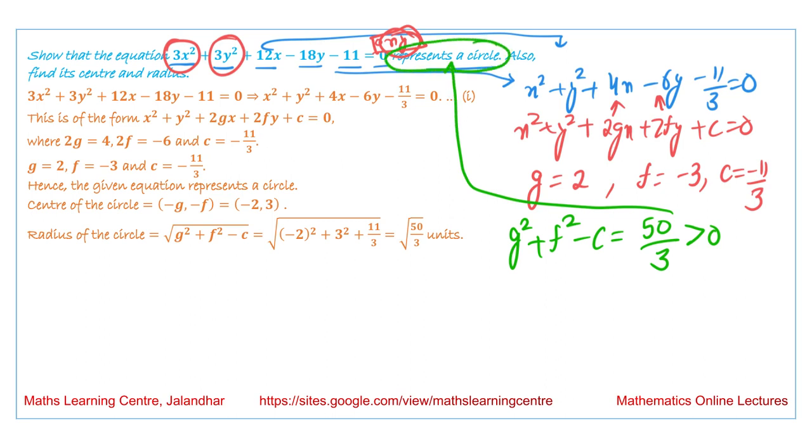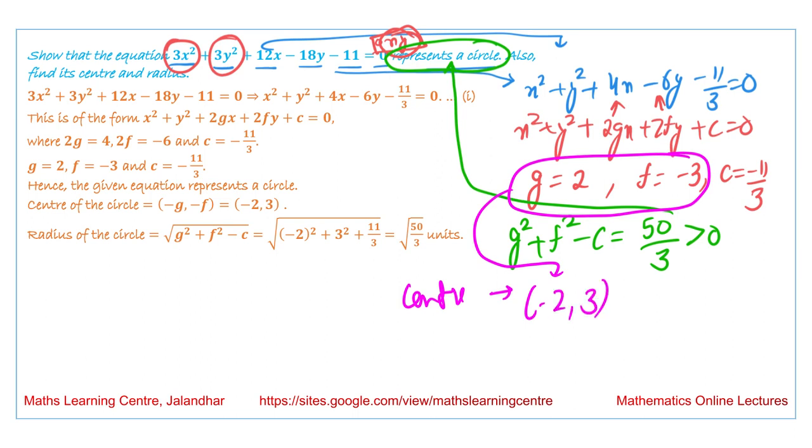Now we have to calculate the center. The values of g and f are known, so the center of this circle is minus 2 comma 3, and the radius of this circle is given by square root of 50 by 3. So we first prove that it represents a circle.